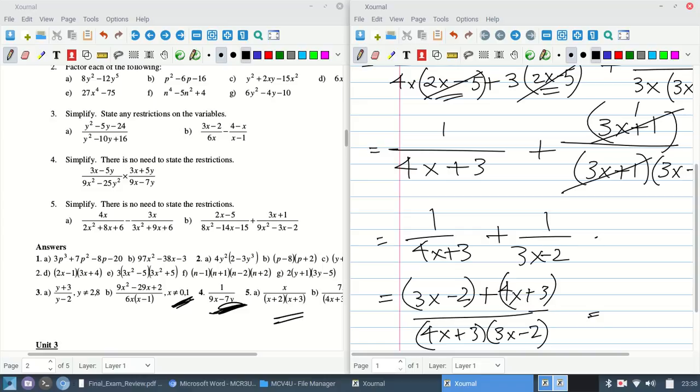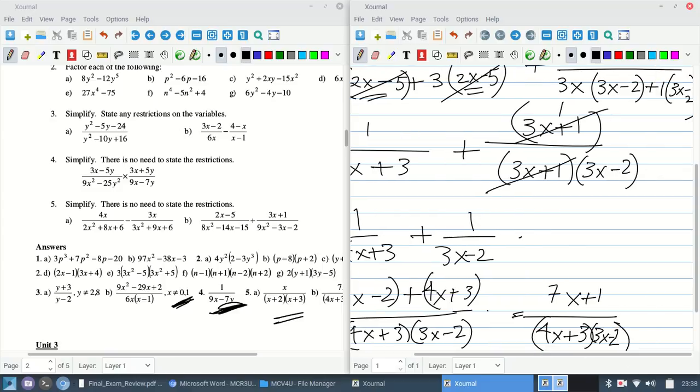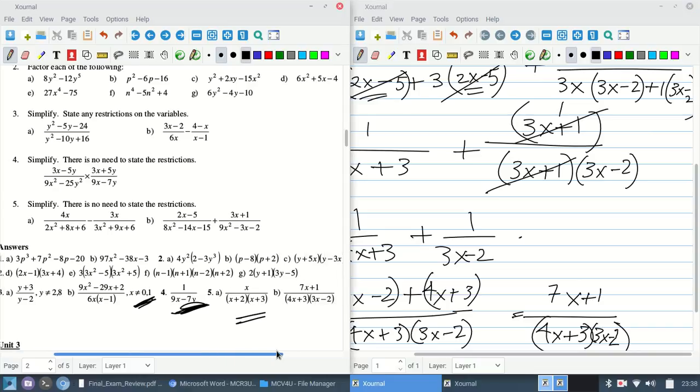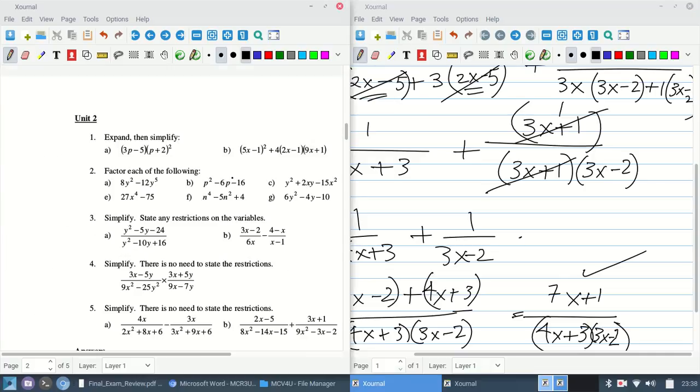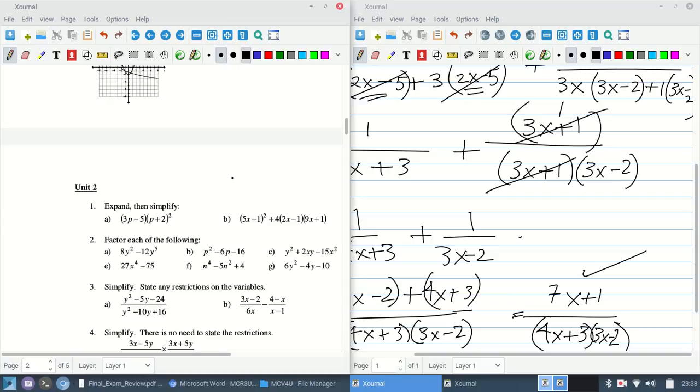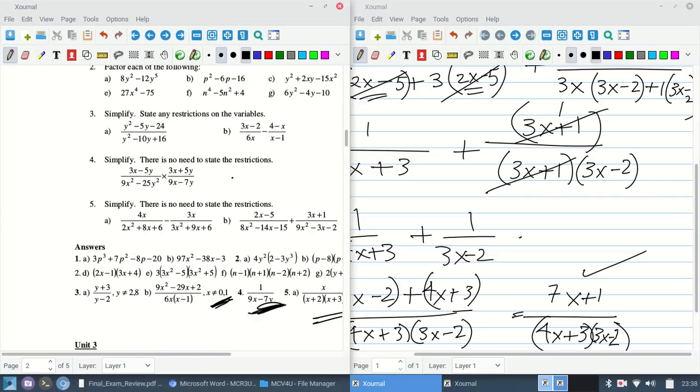So when I bring it together, I've got 7x plus 1 all over 4x plus 3, and then 3x minus 2. Probably had more than enough room. Anyways, so 7x plus 1 over 4x plus 3 and 3x minus 2, and I got my answer, and I'm all good. So that is simplifying, factoring, stating restrictions, expanding, all sorts of polynomial and rational function activity.